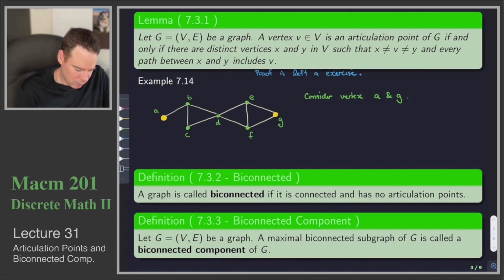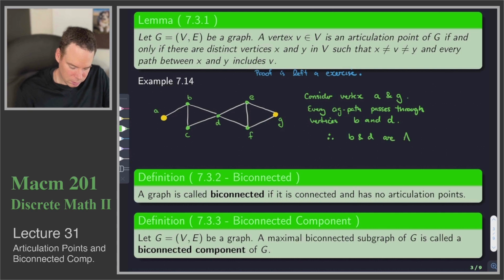Well, if you notice, they all have to pass through vertex D, and they all have to pass through vertex B. So if we consider vertex A and G, every AG path passes through vertices B and D. So therefore, B and D are articulation points.